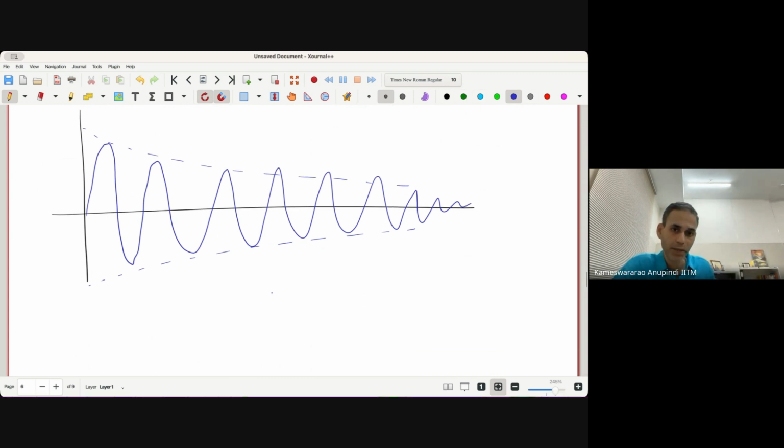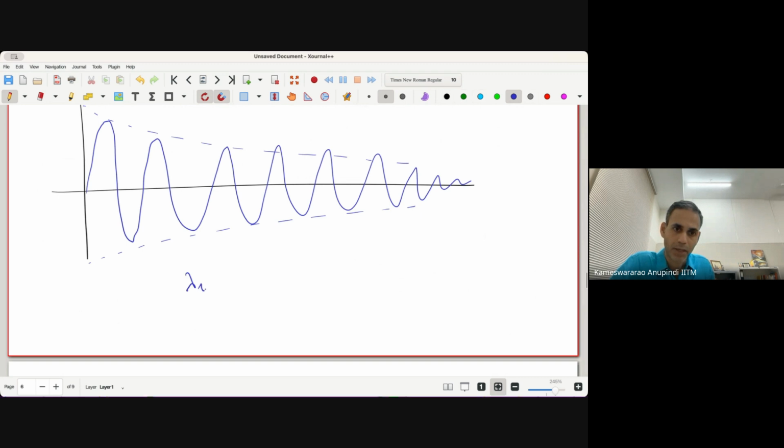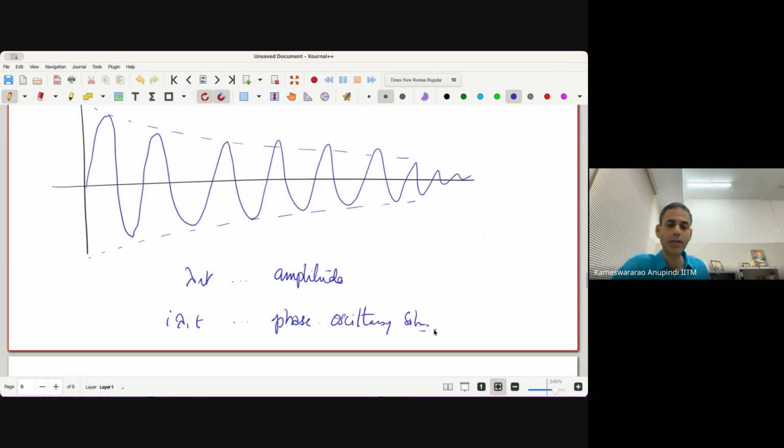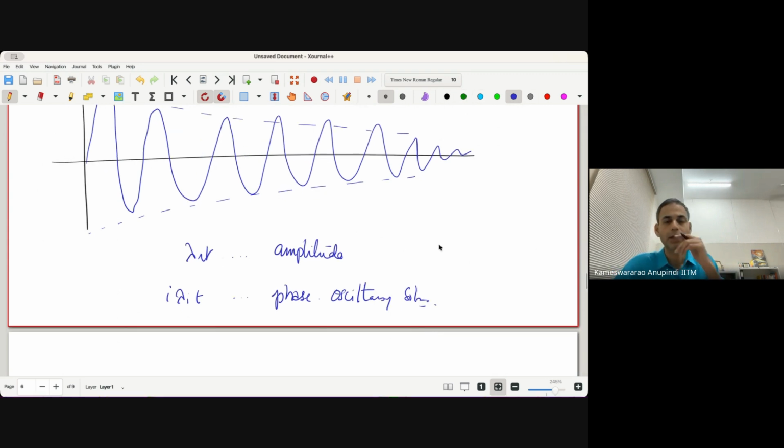That means the real part, lambda_r t, is responsible for the amplitude, and i lambda_i t is responsible for the phase, or the oscillatory solution. The amplitude is always dictated by the real part; I think we should keep that in mind.